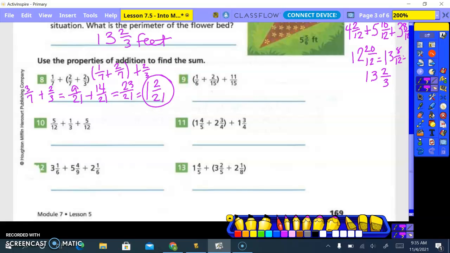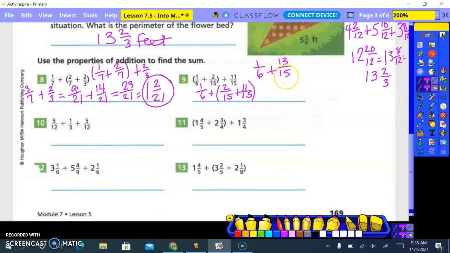All right, next one. What do we need to do? Do we need to do associative property or commutative property, or both? Just associative, right? So I'm going to rewrite it as 1/6 plus parentheses 2/15 plus 11/15, close parentheses. So 1/6 plus, what's 2/15 plus 11/15? 13/15.